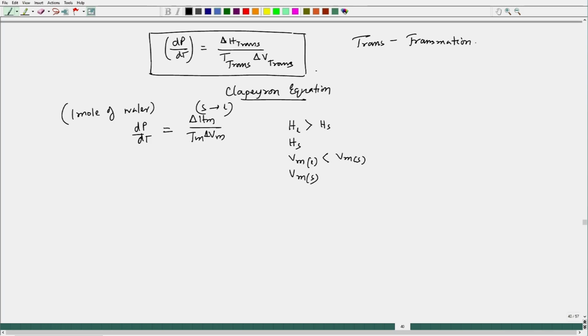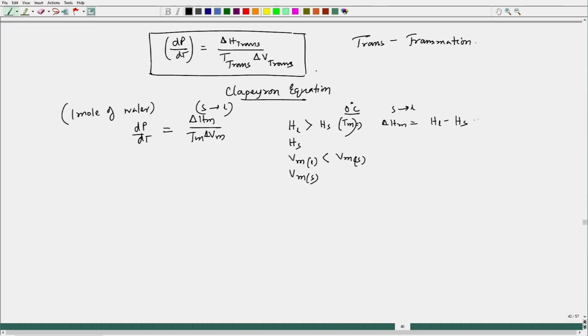This is a kind of anomaly in case of water, where solid has a higher molar volume than the liquid. Okay. So, now you see ΔHm is nothing but HL minus Hs considering solid to liquid, and this is at Tm, which is 0 degree Celsius, right, in case of water.